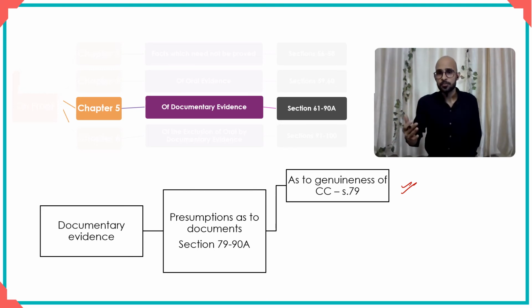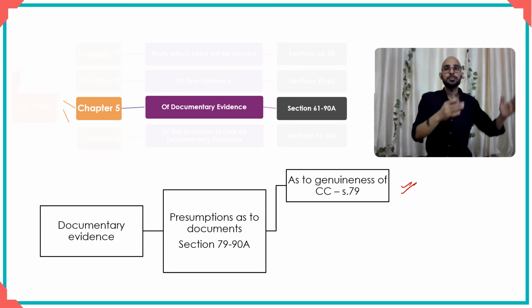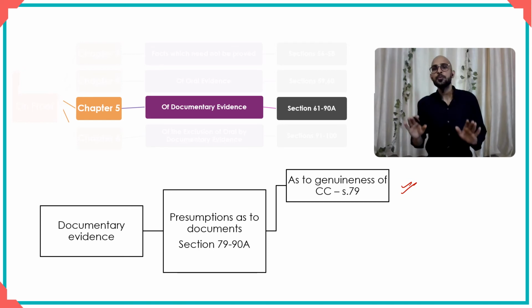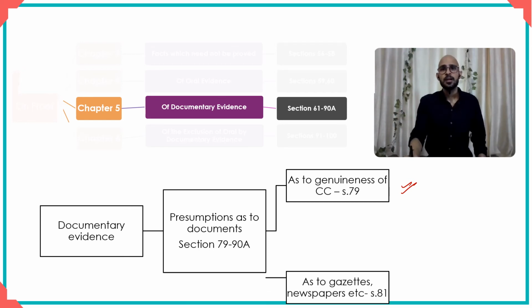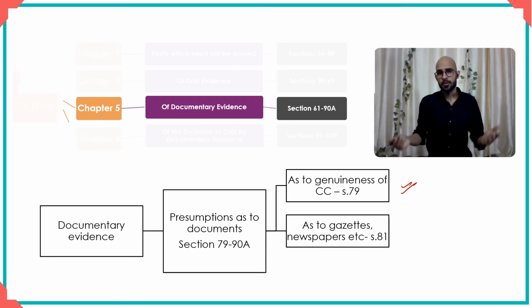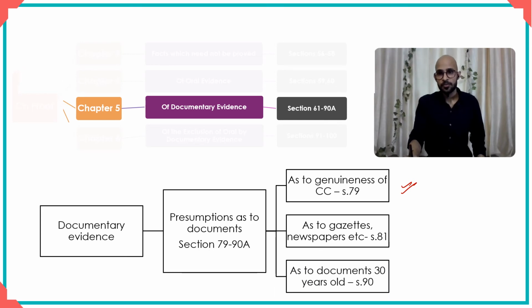So the court presumes that when you present a certified copy or a verified copy of a public document, the court presumes that it is genuine. Well, that's one of the sections in here. Likewise, the contents of the gazettes, newspapers, etc. are presumed to be right. Likewise, you have a presumption relating to a document which is 30 years old. You can go and have a look at it, section 90, in case you're curious.